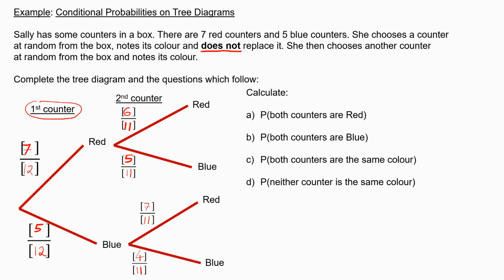To work out the probability that both counters are red, we want the probability of red and red. So notice now, I'm not really thinking in terms of our dependent events formula, I'm just thinking about it in terms of the tree diagram. This is going to be the probability that I get a red on the first counter multiplied by the probability of red on the second, which, if I follow the tree diagram, just gives me 7 twelfths multiplied by 6 elevenths.